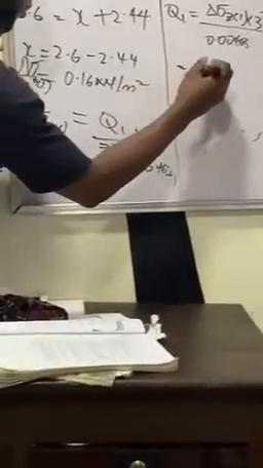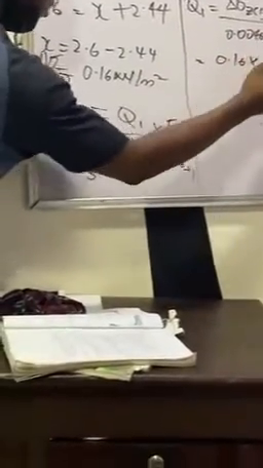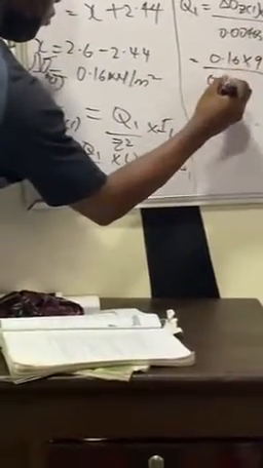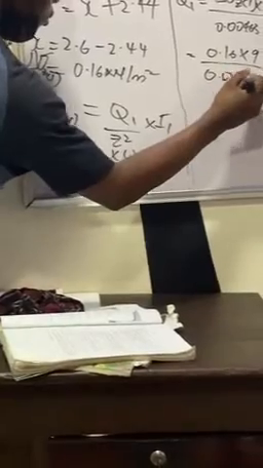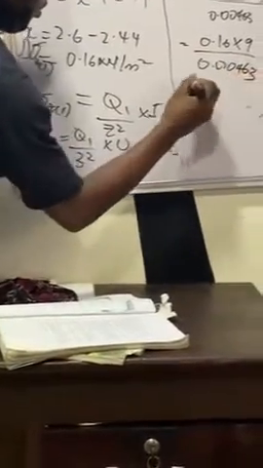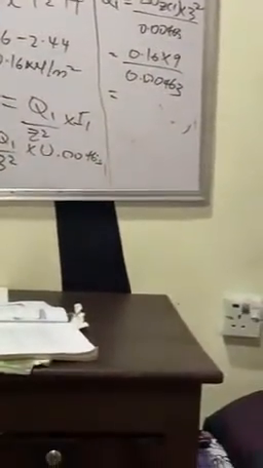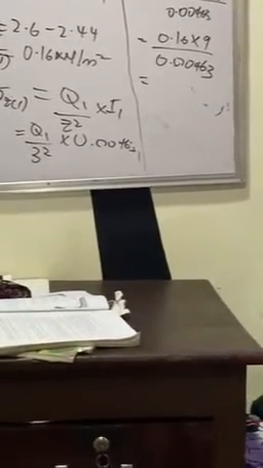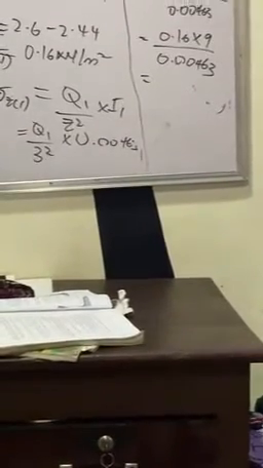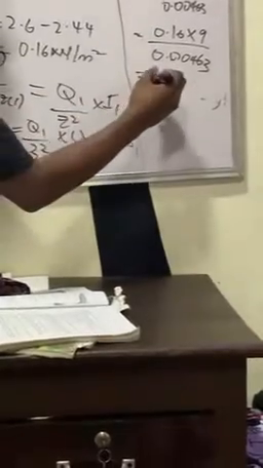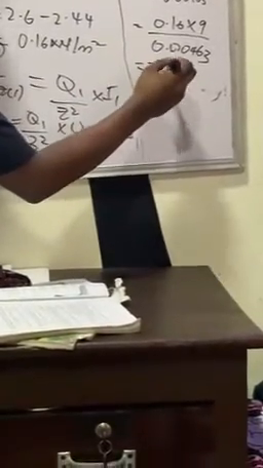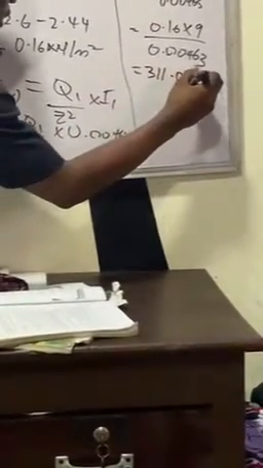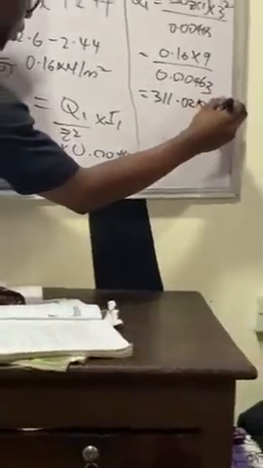We have 3 squared to be 9, all divided by 0.00463. It's a large force, 311.02 kilonewton per meter squared.